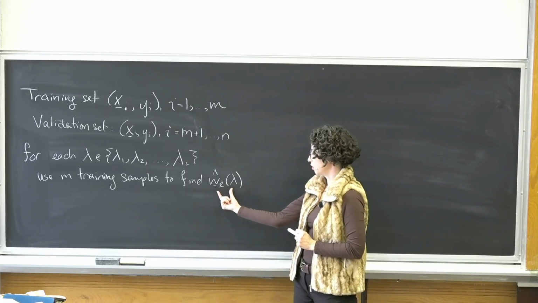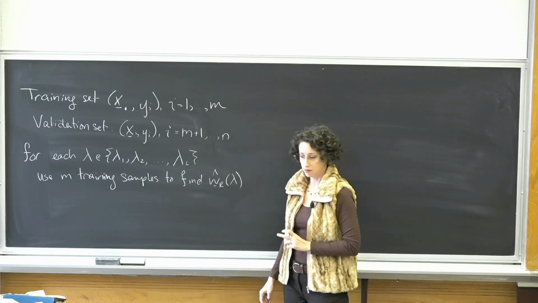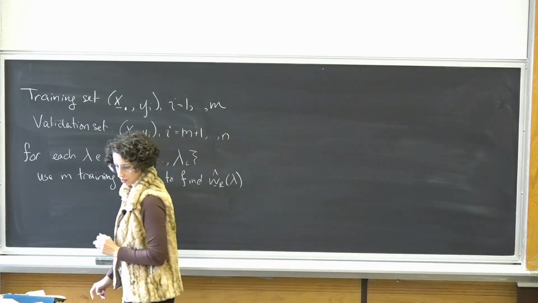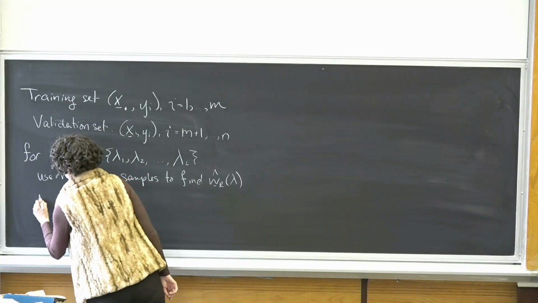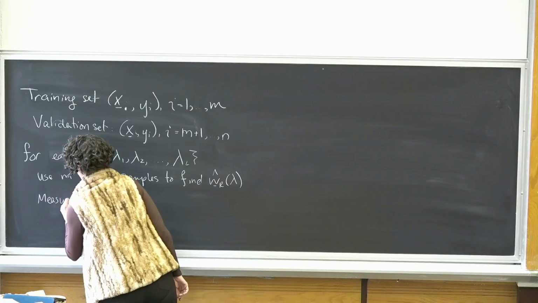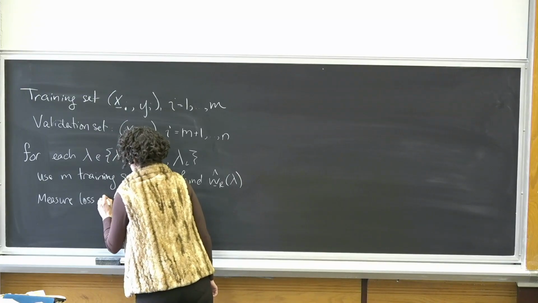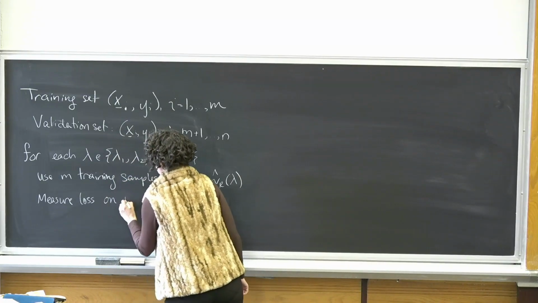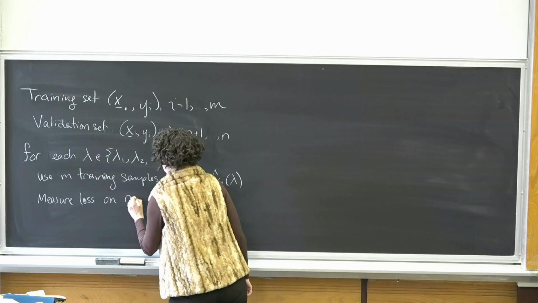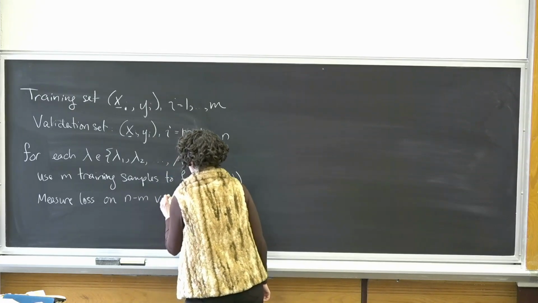And each of them is only going to be computed using my M different training samples. Then I'm going to measure the loss on my N minus M validation samples.